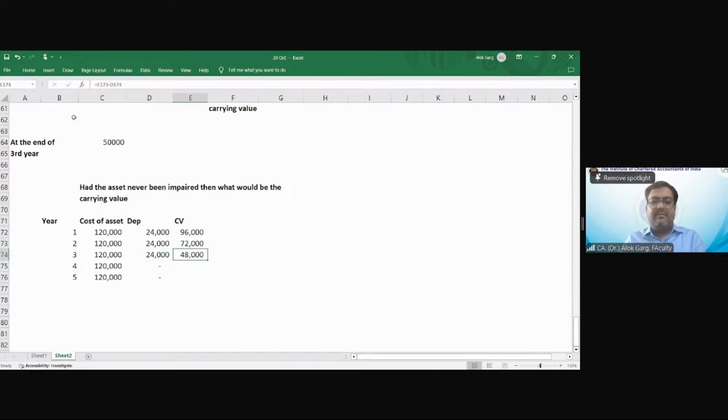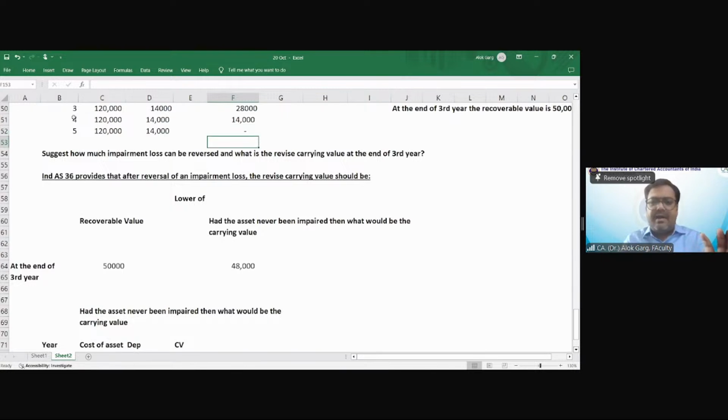What is my carrying value? My carrying value is 48,000. Carrying value at the end of third year is 48,000. Any doubt in this part? Any confusion, any problem? मैंने क्या किया? Carrying value निकाल दी. Simple. Had the asset never been impaired, what would be the carrying value? Any doubt up to this stage?